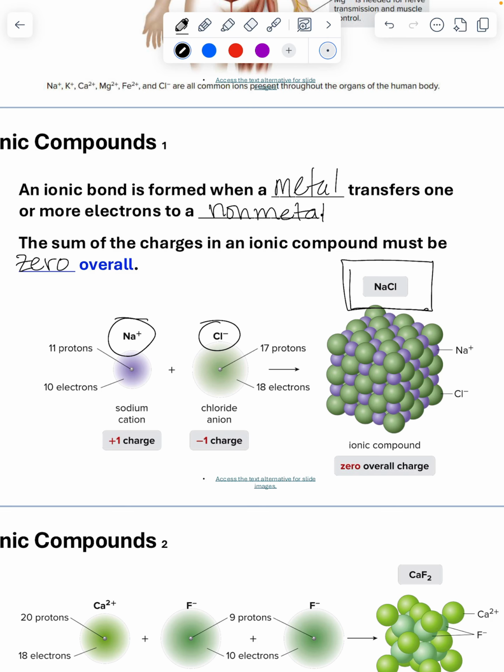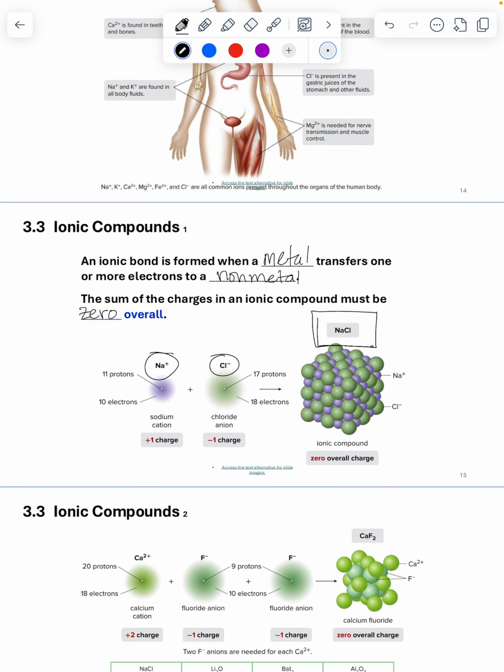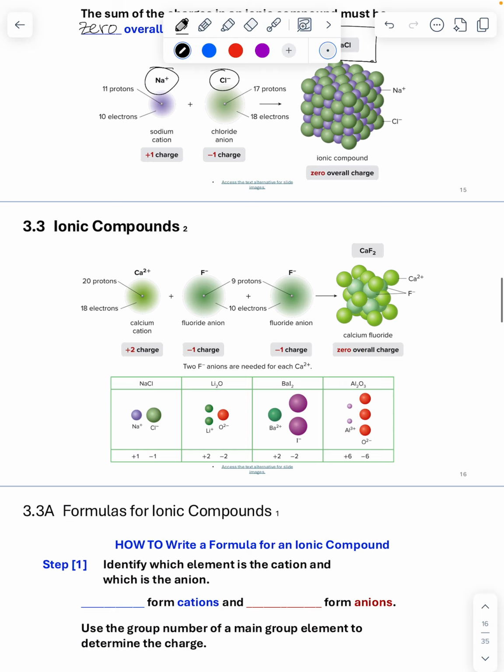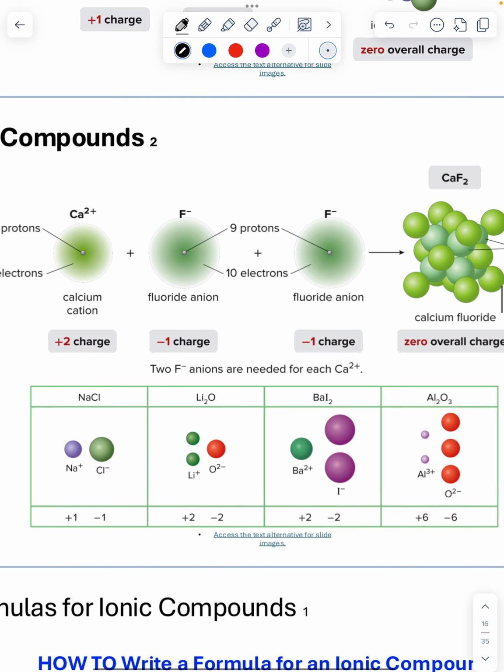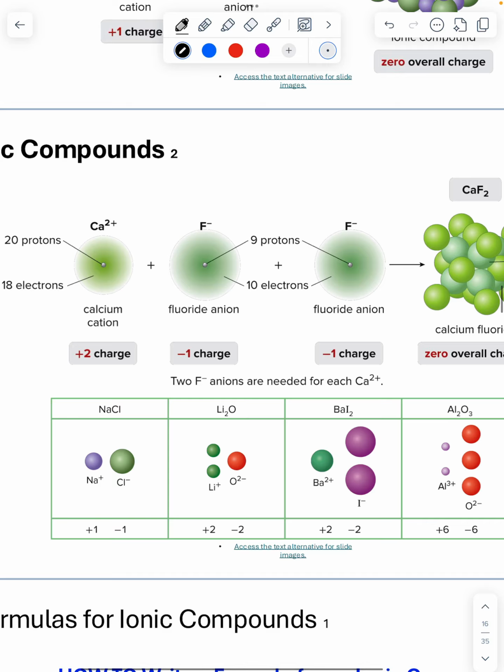Here's a couple more examples. Here we have the calcium 2+ ion. It has a 2+ charge, and the fluoride ion has a -1 charge. And so when we add the charges together, they do not equal 0. So +2 -1 would be a +1 charge.